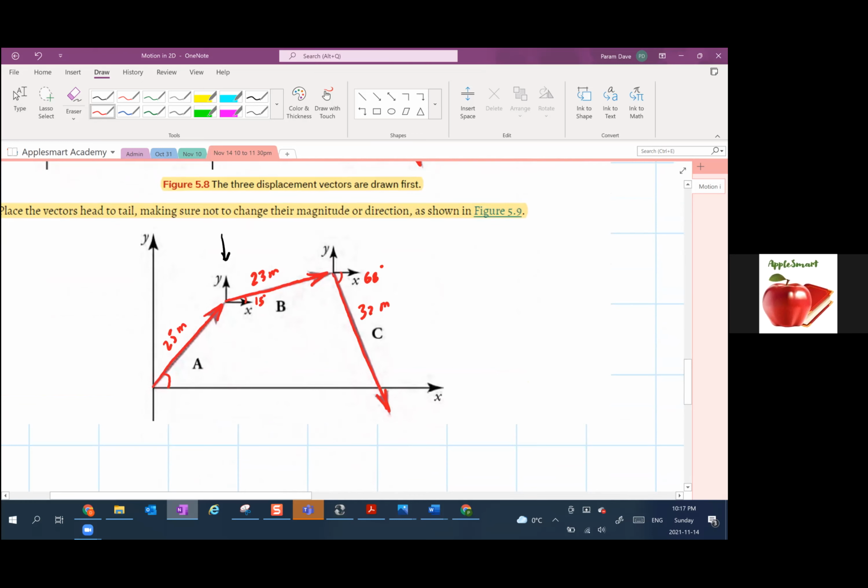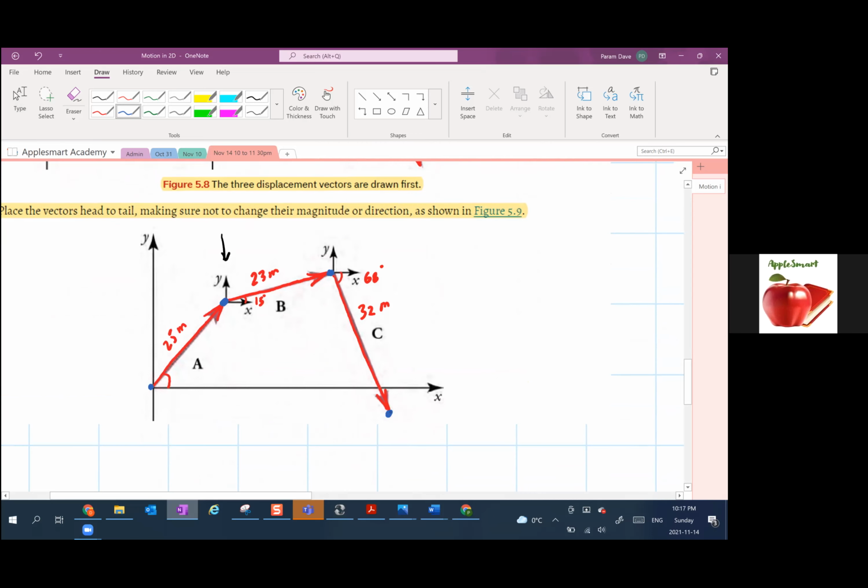So now what we did is we arranged the three vectors head to tail. Because look, this one, head of the first one connected to the tail of the next one. Same thing, head of the second one connected to the tail of the third one. And then now, how do you find out the resultant? Well, you go from the tail of the first one to the head of the last one.